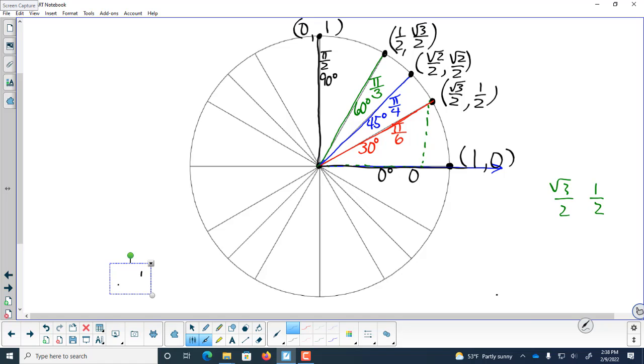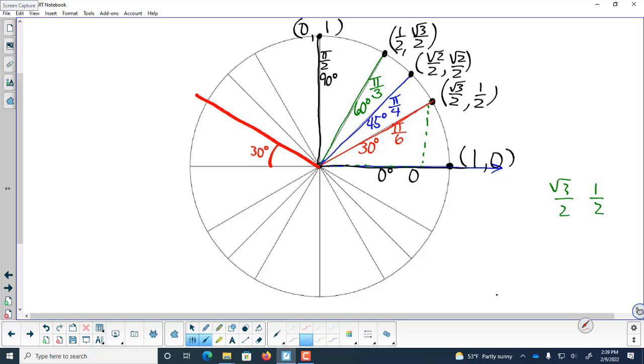Okay? So look what happens when I go into the other quadrant. Let's talk reference angles. The angle in quadrant 2, whose reference angle is 30 degrees, would have this terminal side. I'm just showing you the reference angle idea real quick.